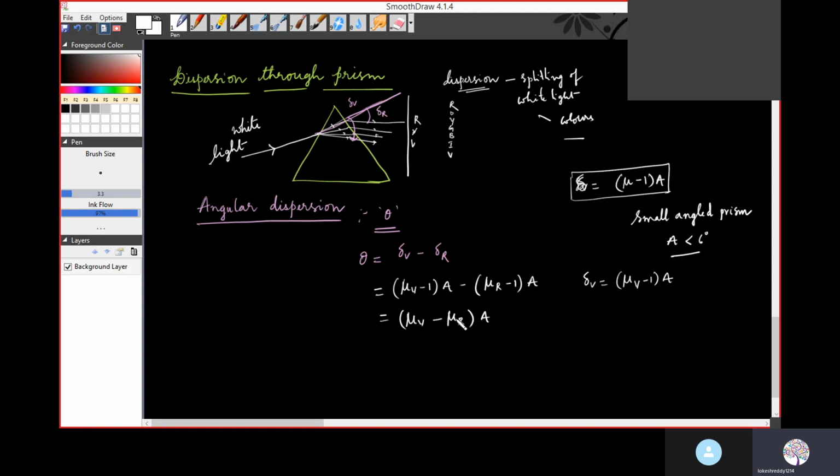So you'll get mu V minus mu R into A. That is angular dispersion. This angular dispersion depends upon two things: one is refractive index and the other one is A, the angle of the prism.